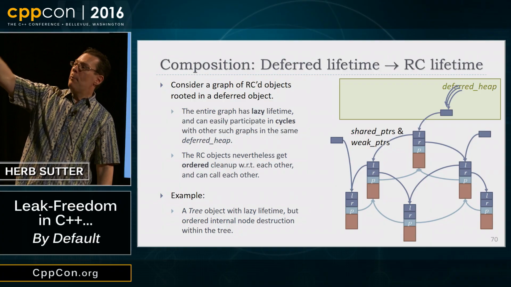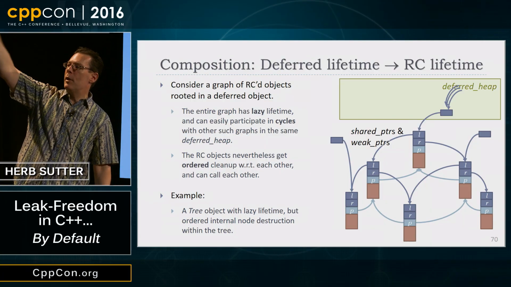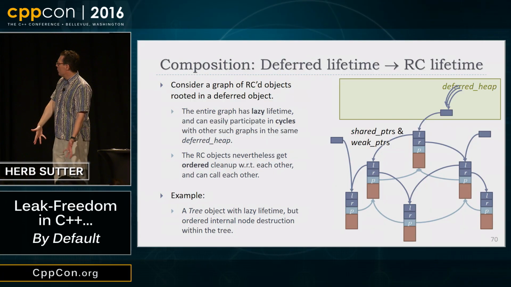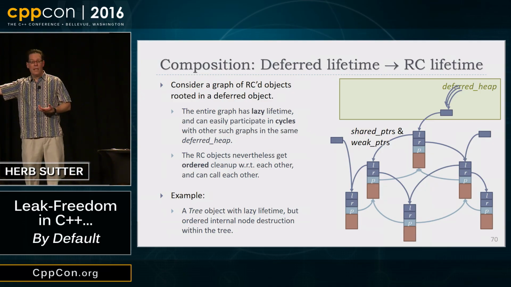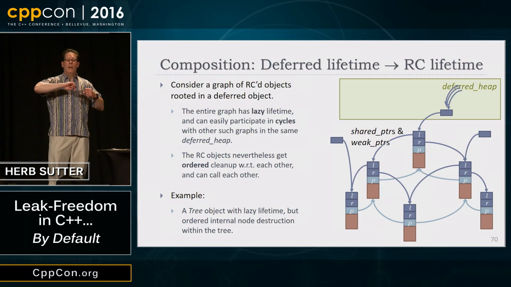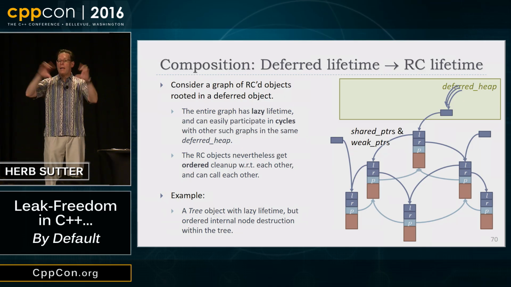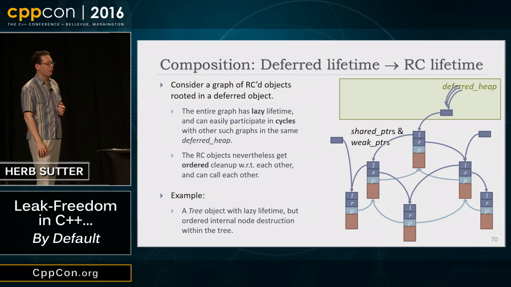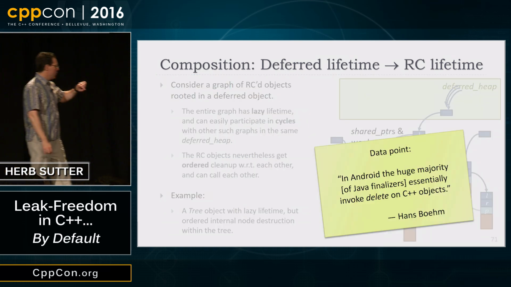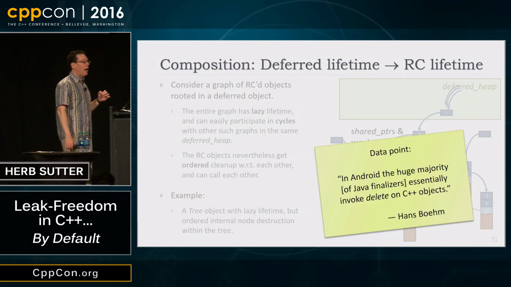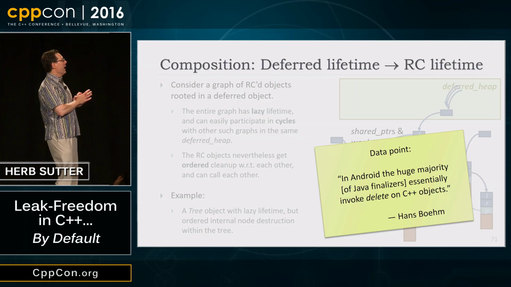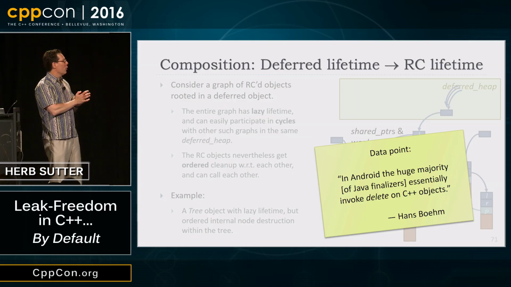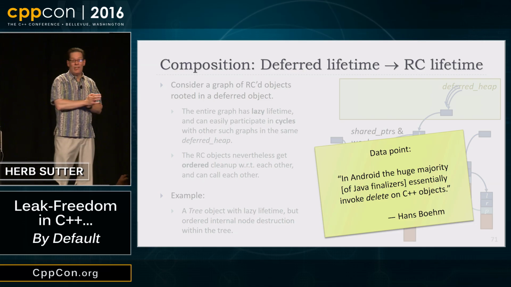An example here might be a tree object that has lazy lifetime because you want it to be, but internal node destruction within the tree. So this could be the very same tree we saw near the beginning of the talk, but I just did a deferred heap.make tree because I want the whole tree to have deferred lifetime, and that's fine. When I showed this over the last couple of days to Hans Boehm, he mentioned to me, and so thank you very much, Hans, that in Android, the huge majority of Java finalizers essentially do exactly this.